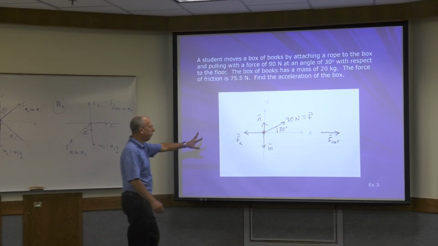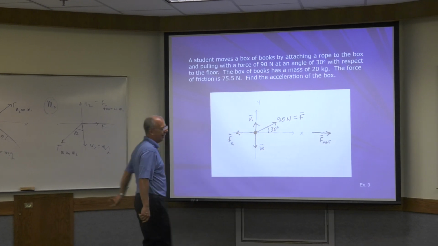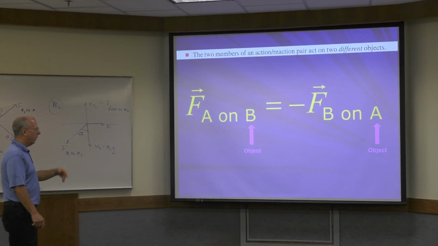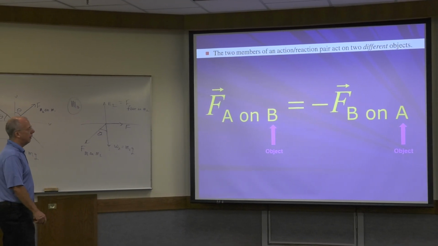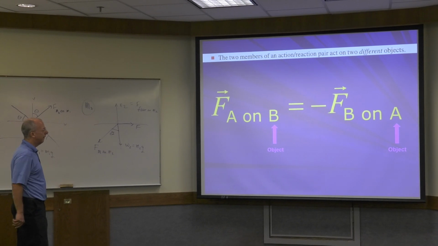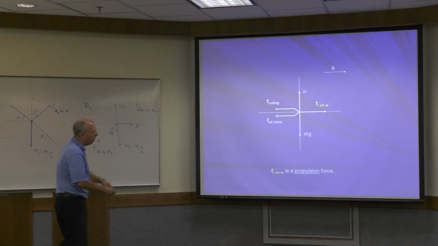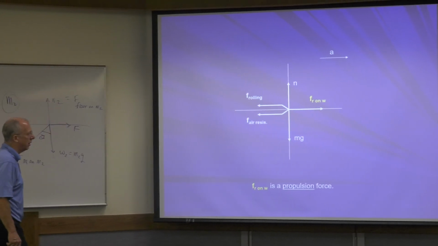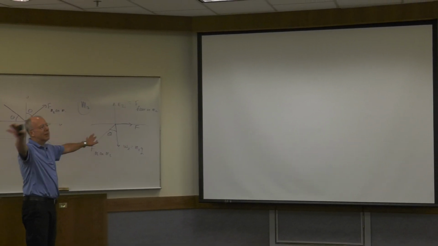Make sure you can draw the force diagrams. Newton's third law, force pairs, A on B, B on A with a minus sign. Propulsion forces like walking and bicycles and cars and things like that. And that's it. So we'll see you later.